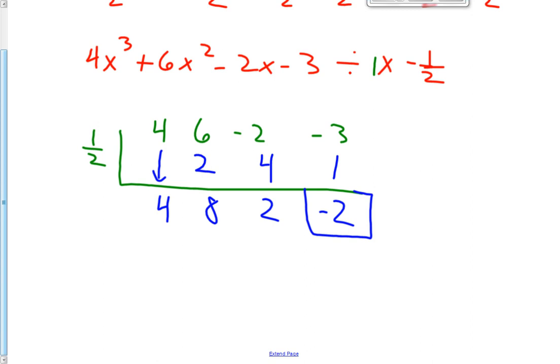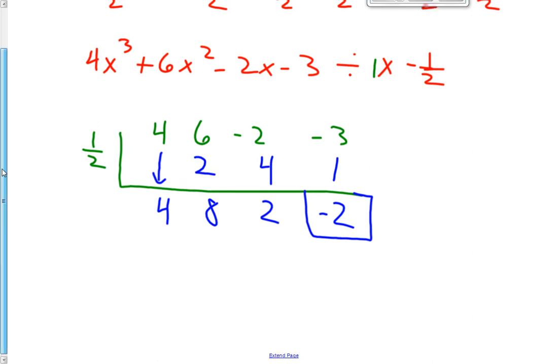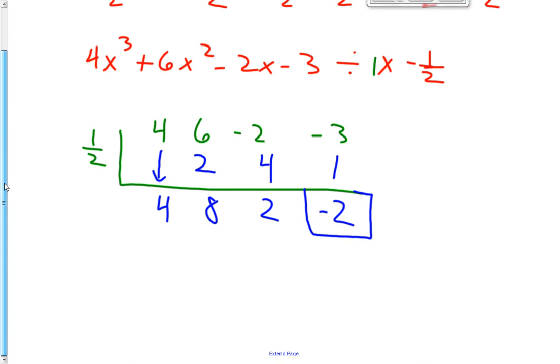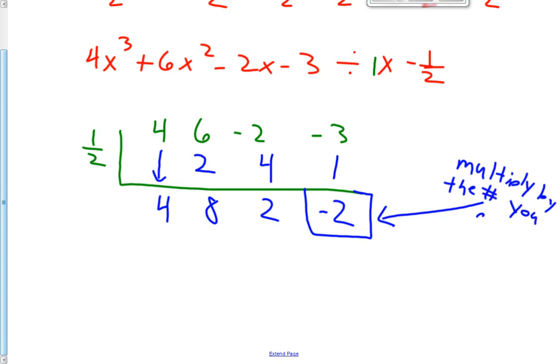So there are two new things in this lesson as compared to yesterday's lesson. The first thing is to divide everything by 2 in order to get a positive 1 as our coefficient in front of x. And the other thing that is new is you have to do something with this remainder. This remainder you have to multiply by the number you first divided by.